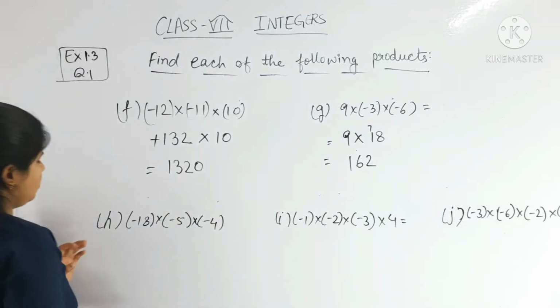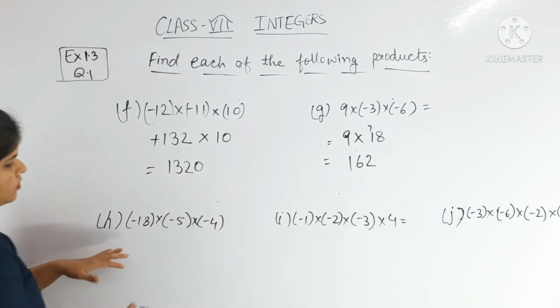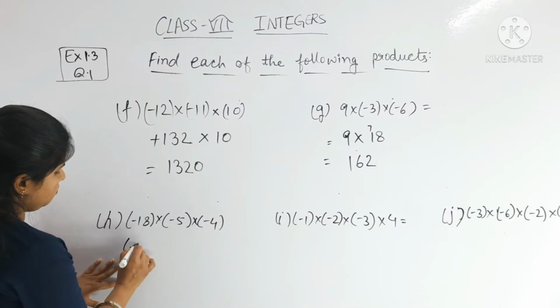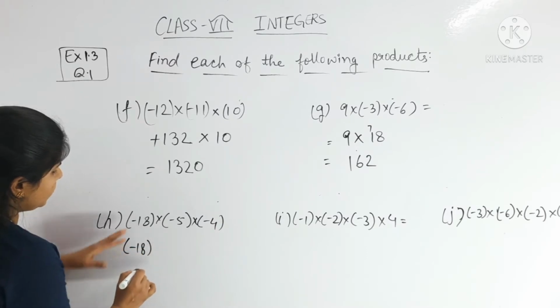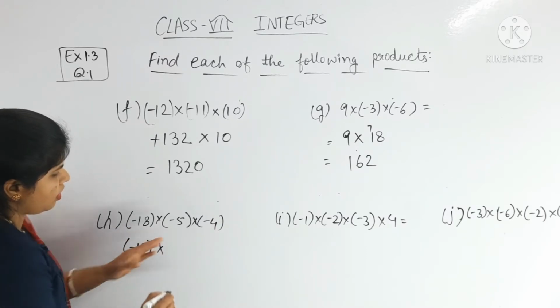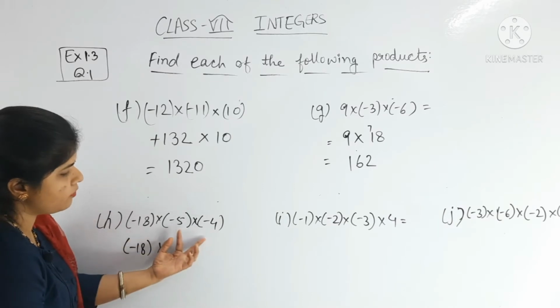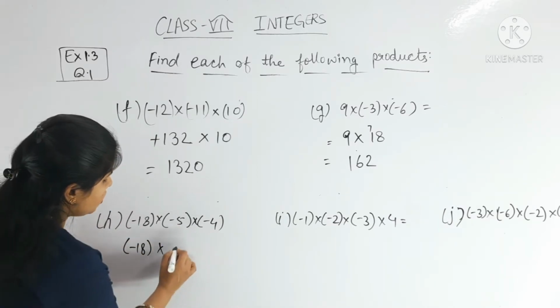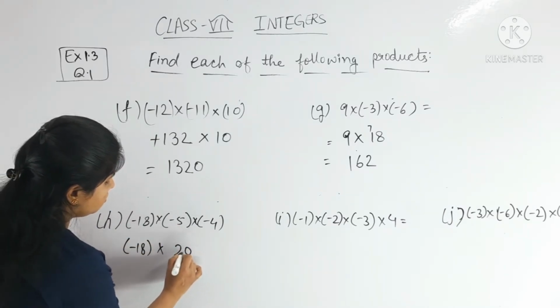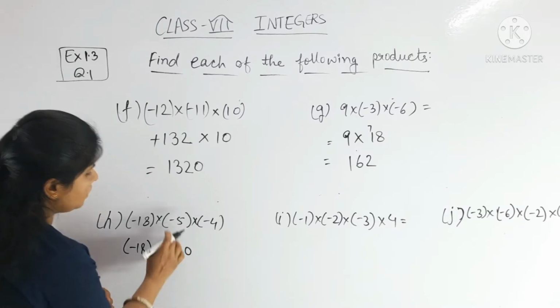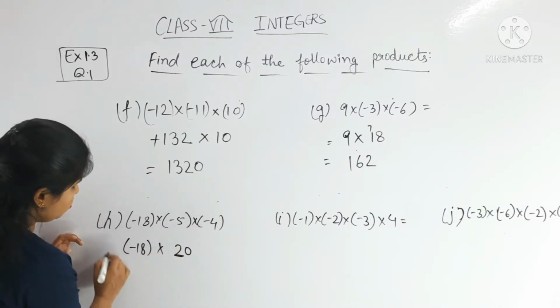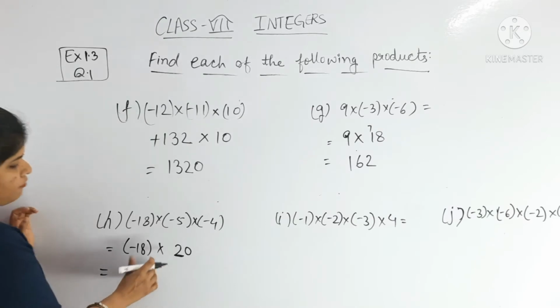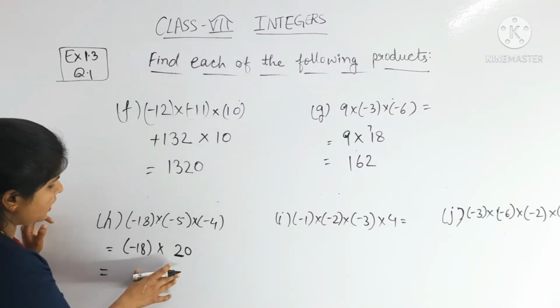Okay, now come to the H part. I am writing as it is the minus 18. Now solve this part, 5 into 4. Okay, 5 4s are 20. Minus minus is plus. So here we have to multiply 20 into minus 18.